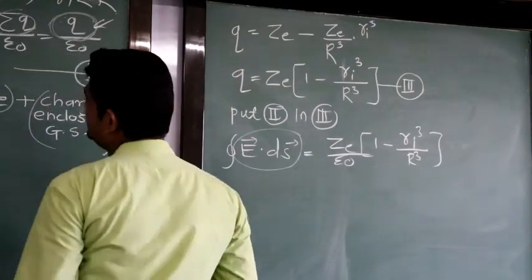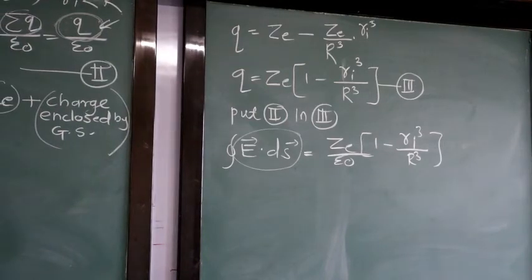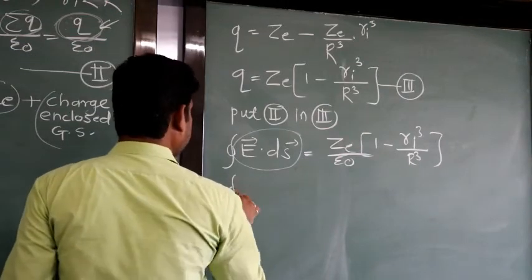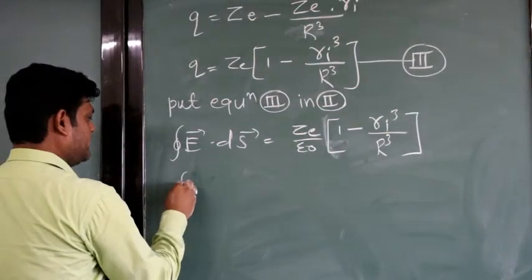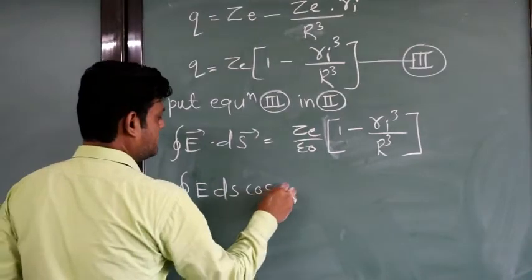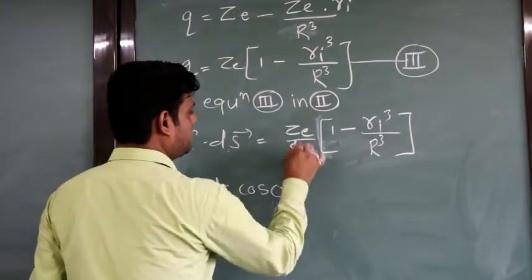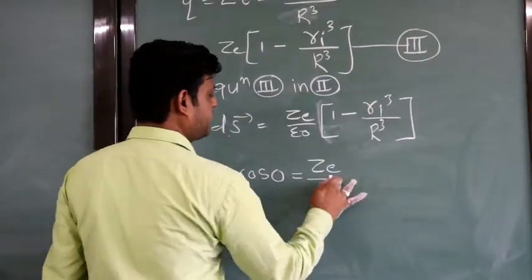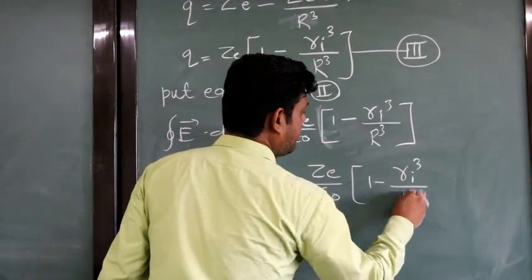Suppose the electric field is in the outward direction, and the area vector is also in the outward direction. So the integration of E ds cos 0, because the angle between E vector and ds vector is 0.